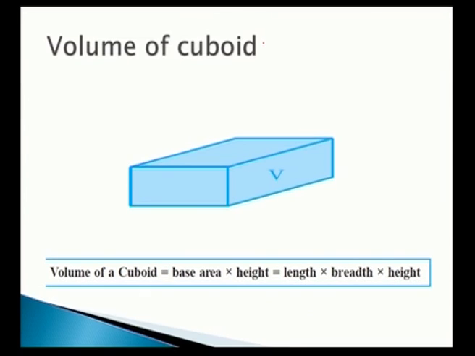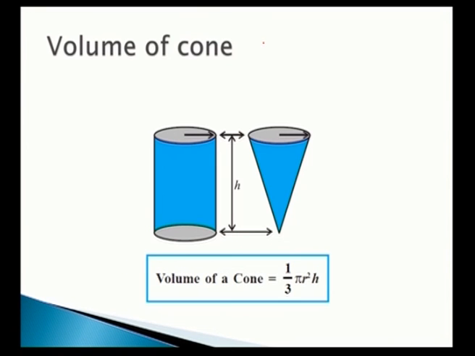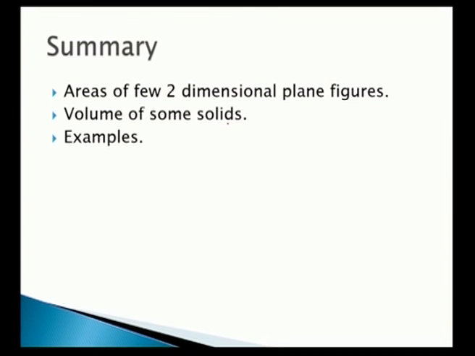Volume of a cuboid, this is the formula to calculate volume of a cuboid. Then volume of a cube, volume of a cylinder pi r square h, volume of a cone 1 by 3 pi r square h, volume of a sphere 4 by 3 pi r cube. Like that volume of different shapes can be calculated. So, in this lecture we learnt various formulas to calculate the area of different shapes and volume of different shapes, area of 2-dimensional figures and volume of solid shapes.